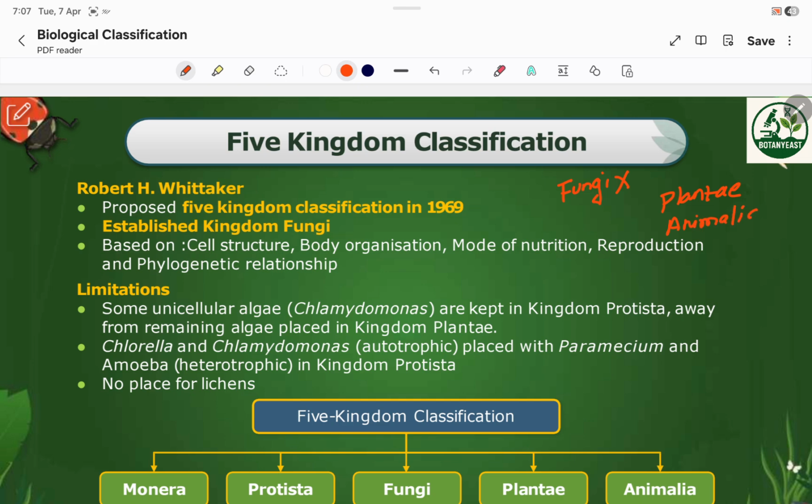But fungi was introduced by R.H. Whittaker. Okay. And this classification system was based on the structure of the cell, the organization of the body, the mode of nutrition, the reproduction and phylogenetic relationship. Okay.